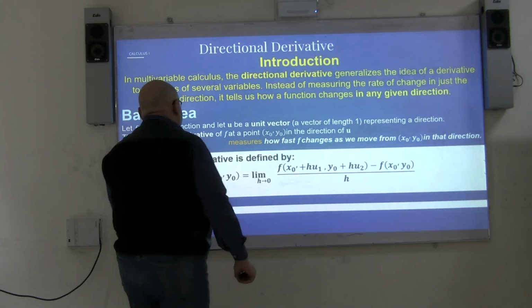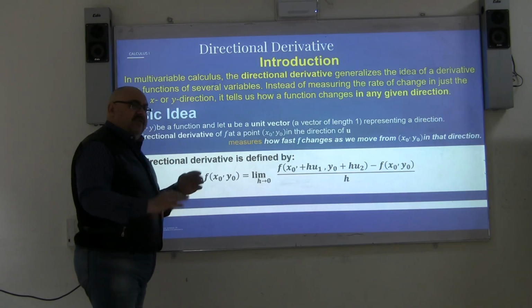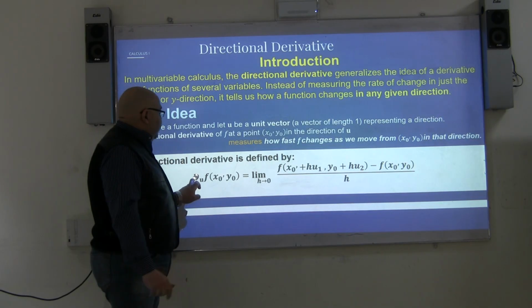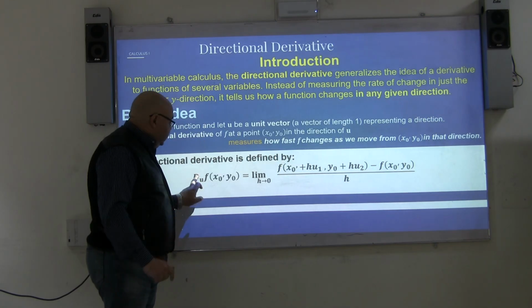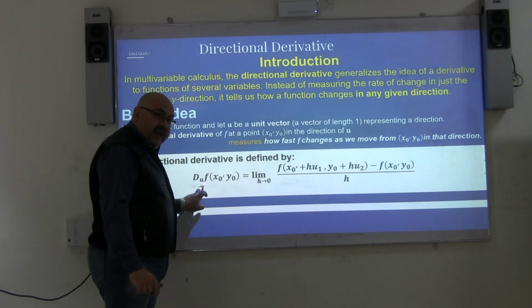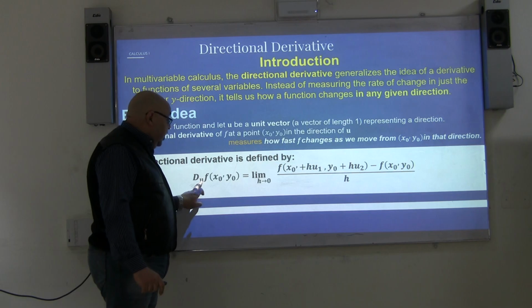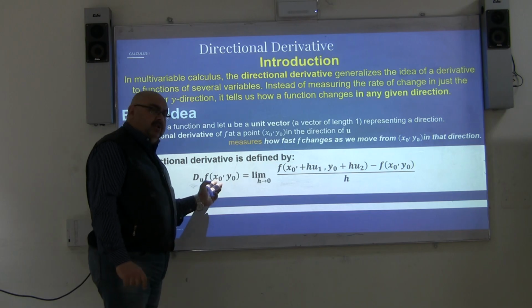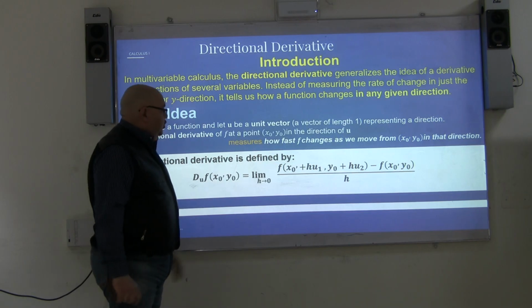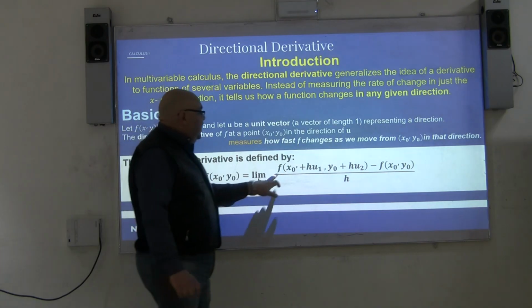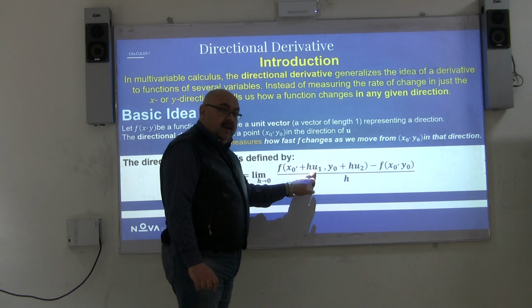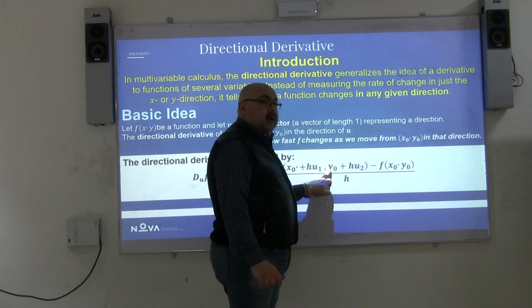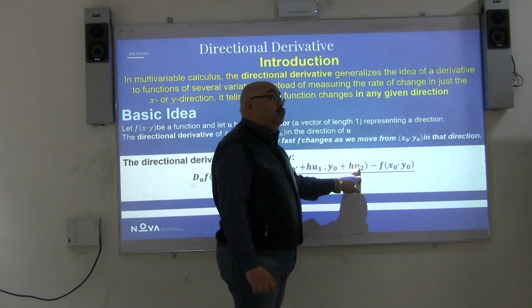So if I want the directional derivative, the law is really very simple. The derivative of f in the direction of u, at the point x naught and y naught: all I have to do is take my function at x naught plus h times u1, and y naught plus h times u2.